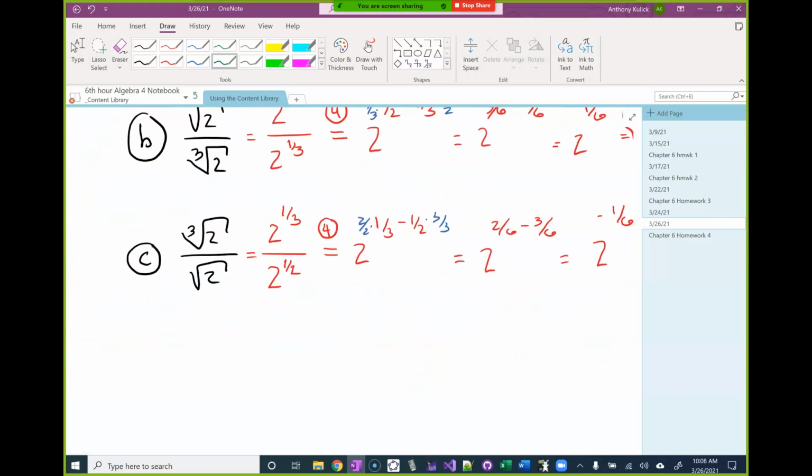Okay. So, for me, what I'm going to do in the beginning, I notice the index of the denominator is bigger than the index of the numerator. You guys see that? So I am going to start this problem by rationalizing the denominator now rather than waiting.